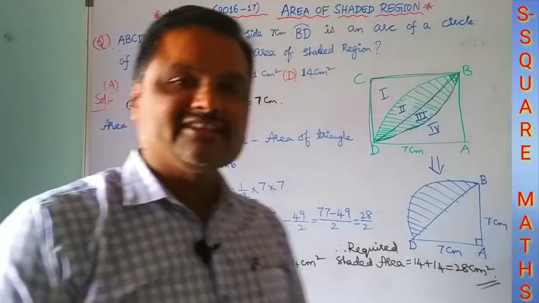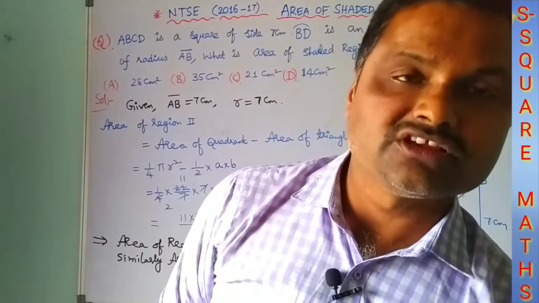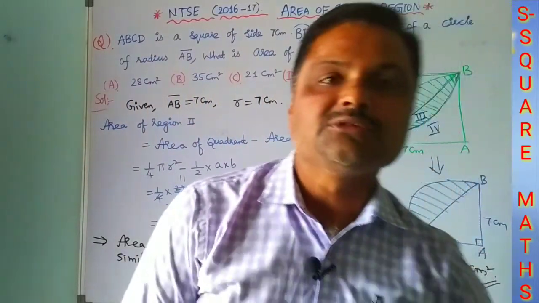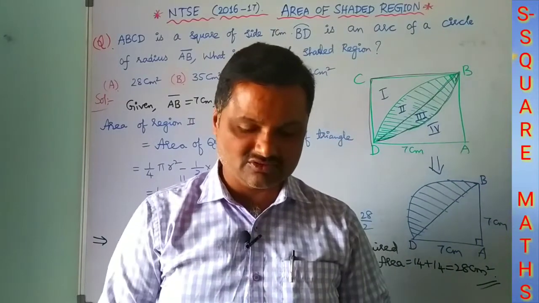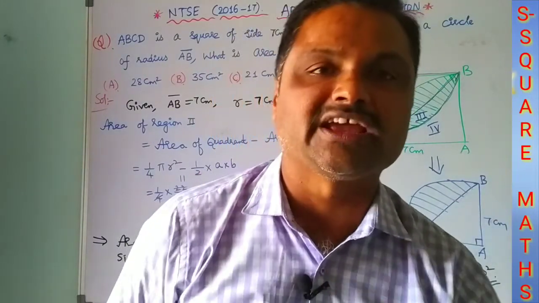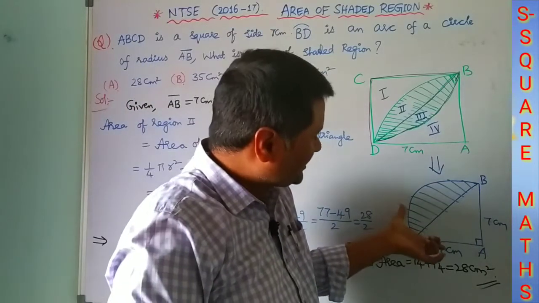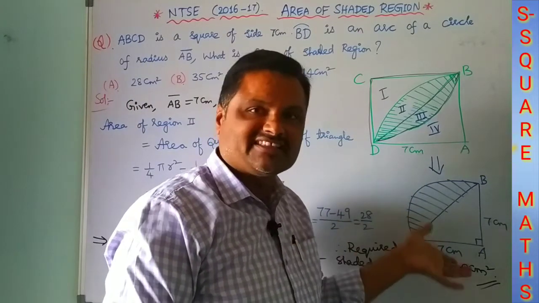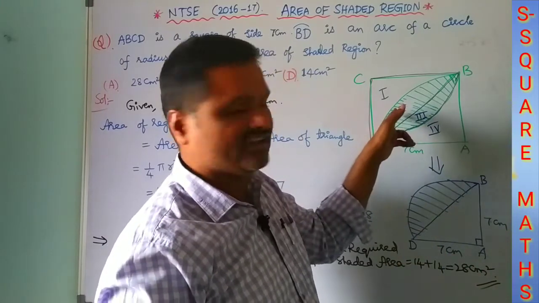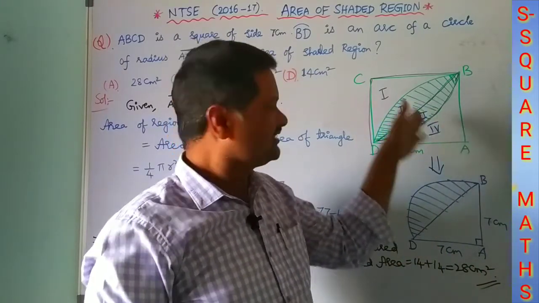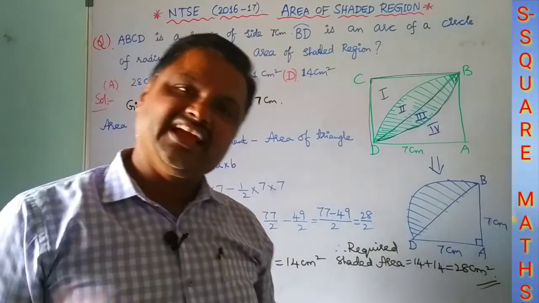Just this type of problem gives good motivation for various students. No need to find 2 times the area, just find the 1 time area here. Nothing but area of quadrant minus area of triangle gives the area of the shaded region 2. So like this, pick up the shaded and unshaded regions.